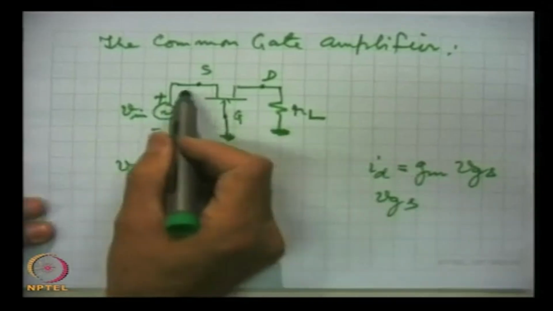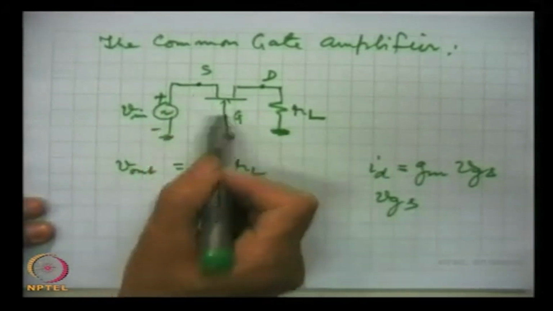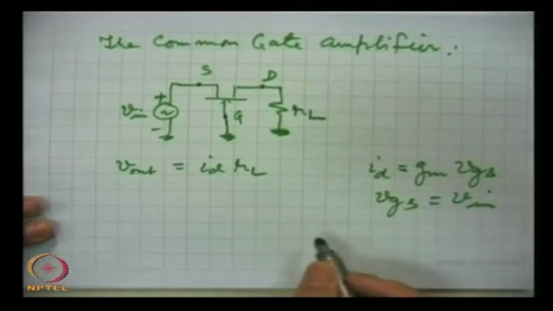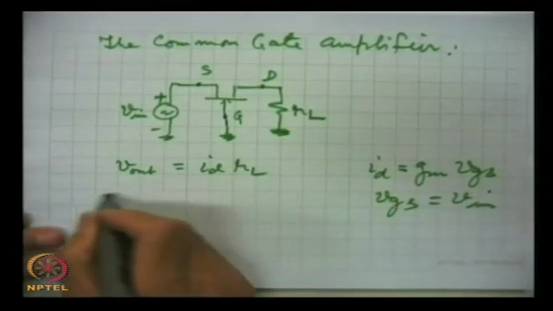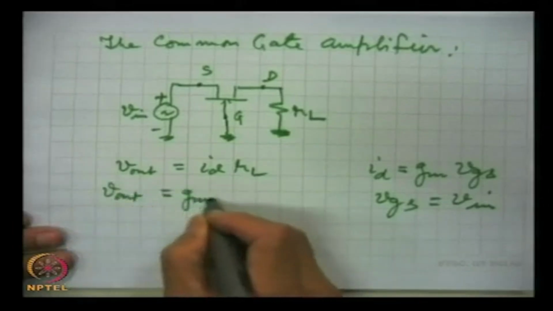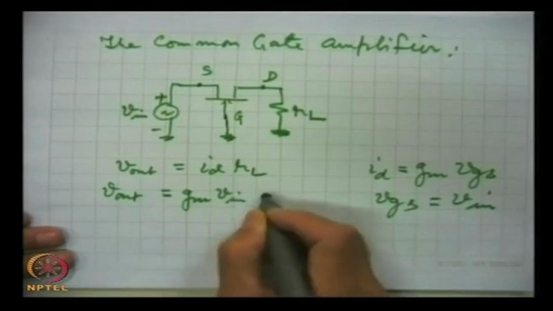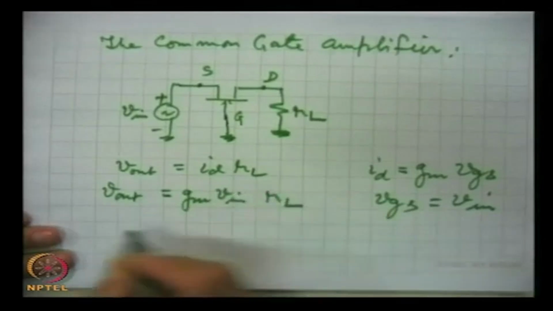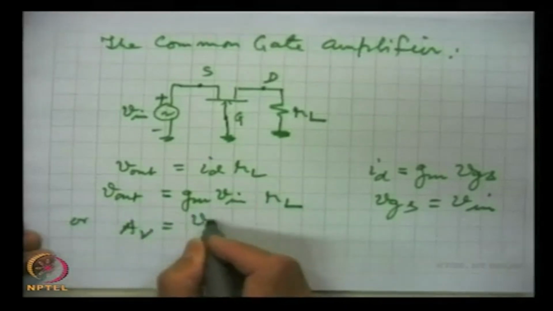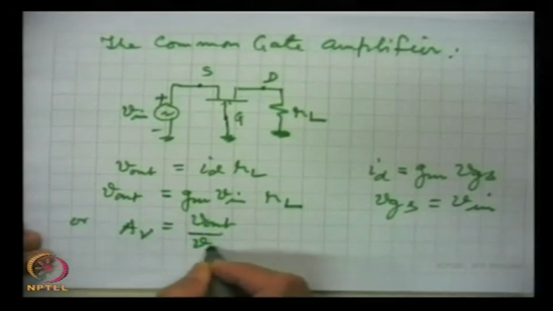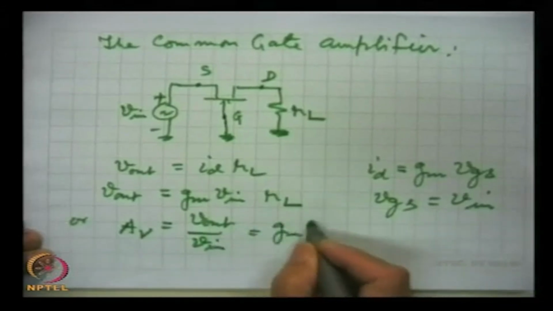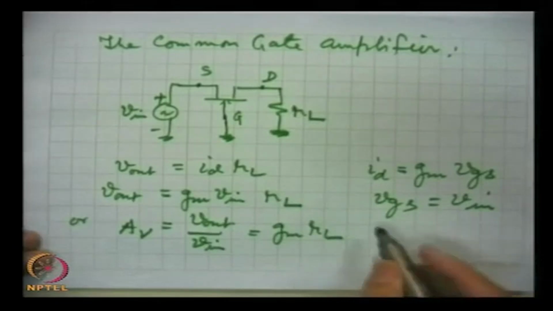You can see this voltage here, VGS is the same as V in. So, we can write V out as equal to GM V in into RL, or the voltage gain AV is V out by V in, and that is equal to GM into RL, which is high.